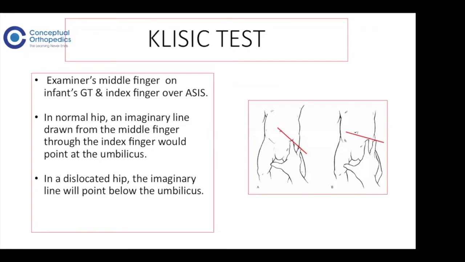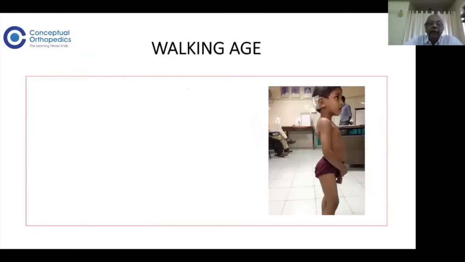In a dislocated hip, the line crosses below the umbilicus. So you call it a digital shoemaker's line. Its usefulness is mainly in bilateral hips, where both these lines will be below the level of the umbilicus.